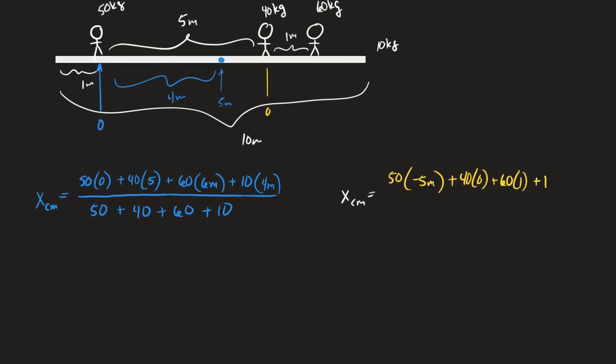And the plank has its center how far away from the 40 kilogram person? I think negative 1 meter, right? All divided by 50 plus 40 plus 60 plus 10.